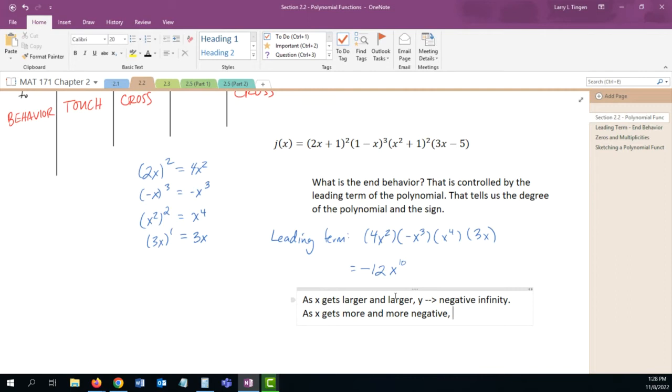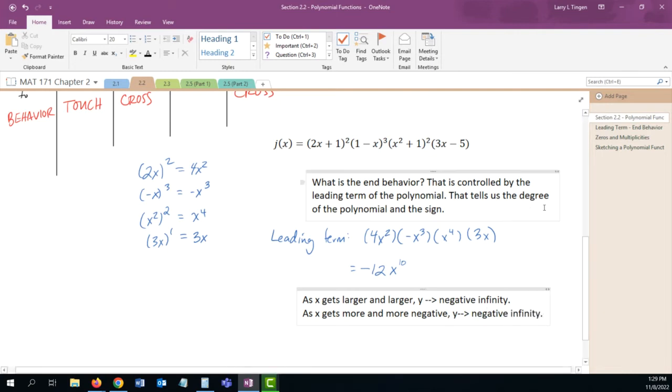If I continue to go negative as far as I want to, but then raise it to an even power, all the negatives get multiplied out. And then what am I doing? I'm completely run by this leading term. So as x gets more and more negative, y does the exact same thing, and it tends toward negative infinity.